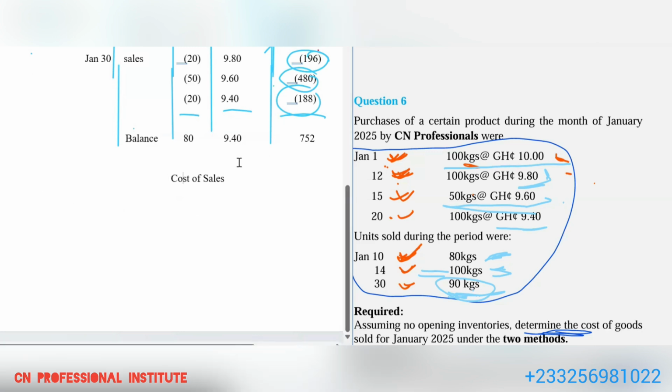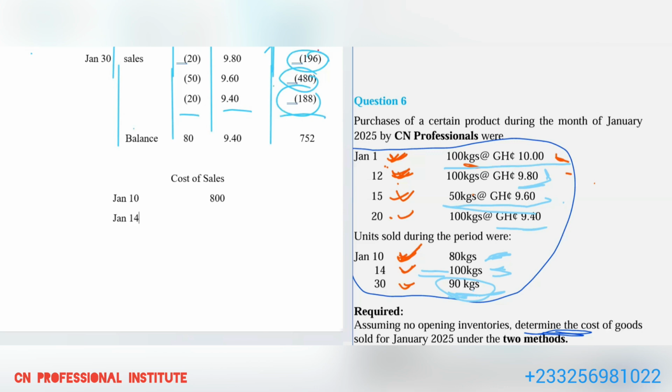we are going to add all the issues, all the sales. So we said January 10, we sold at 800 cedis. Just what I told you, we're adding. Then we also had January 14.